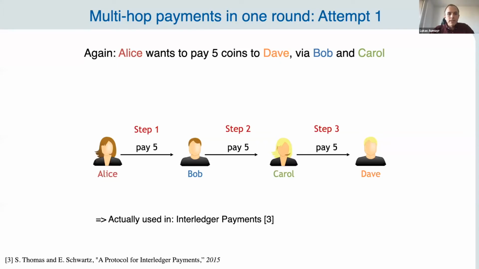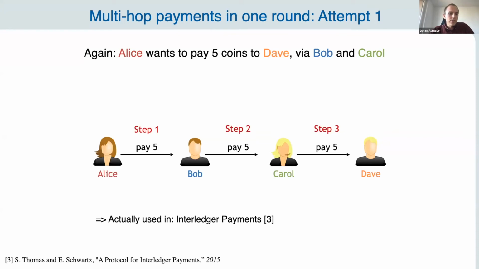So let's start with a simple first attempt of doing one round payments. Again, we have the scenario where Alice wants to pay 5 coins to Dave via Bob and Carol. A very simple approach could be one where Alice and Bob simply update their channel such that in the new channel state, Bob has 5 coins more than before.